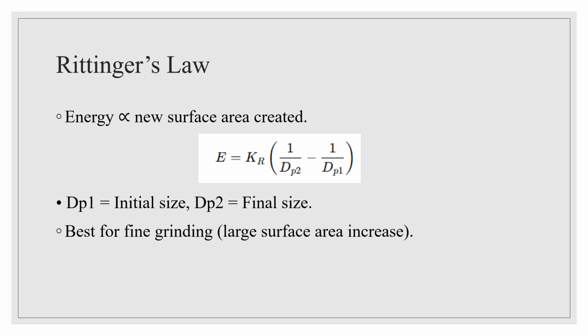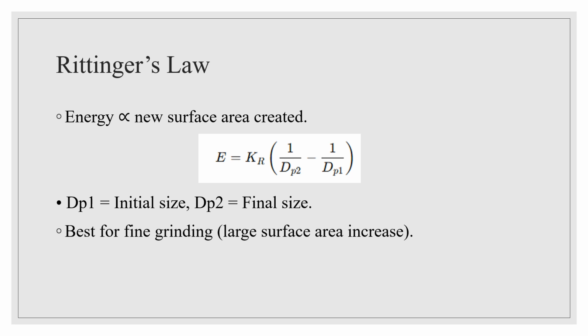First is Rittinger's law. It says that the energy or power required is directly proportional to the new surface area created. You can see the formula of Rittinger's law on my screen.